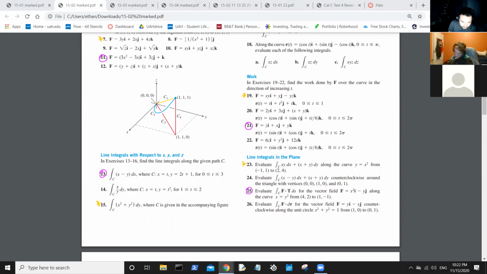So now let's try this again. t i plus sine t j plus cosine t k is the first half of our dot product, times the derivative of our r, which is going to be what we did previously, negative sine t i plus cosine t j plus k.